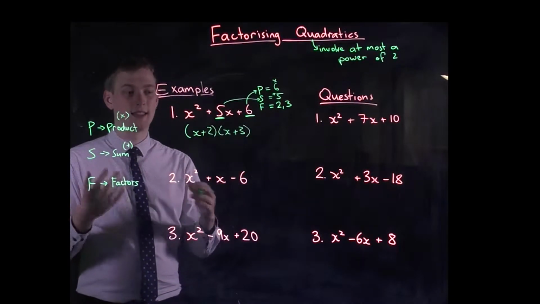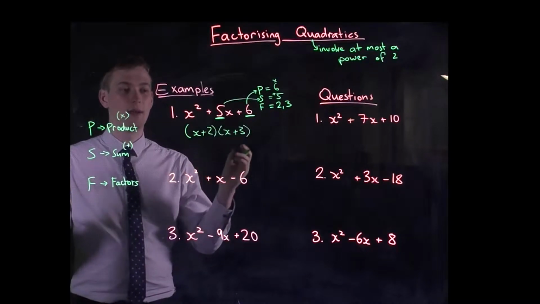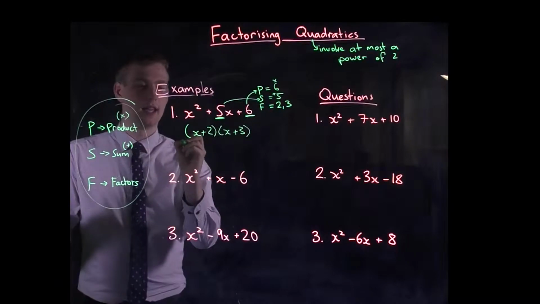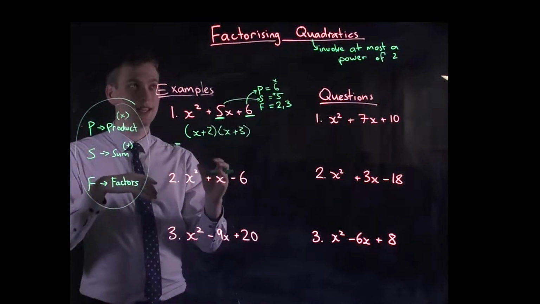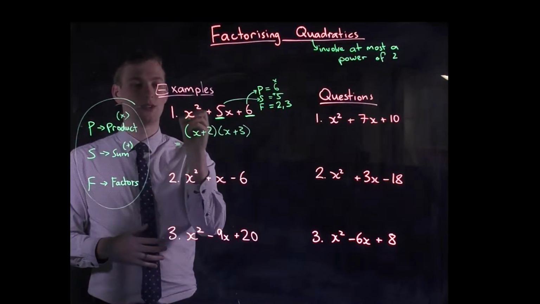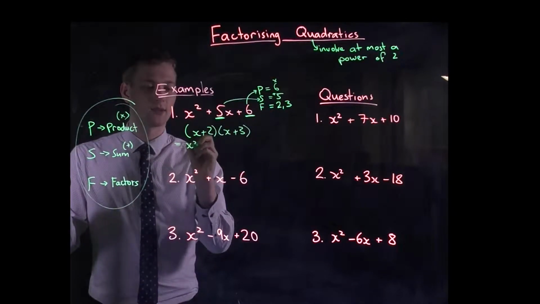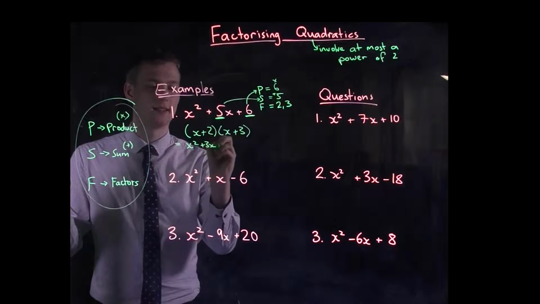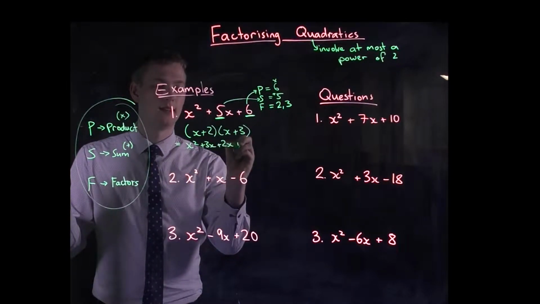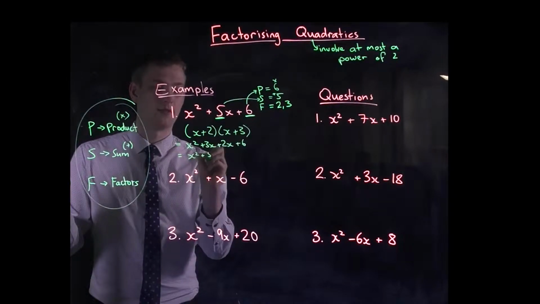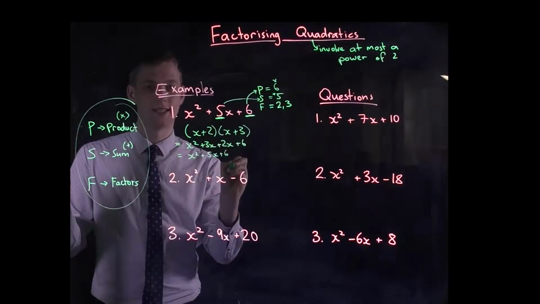Now you can leave it there, that's the finished factorization, but I'm going to show you where this method comes from. If we expand it, and we can expand to check our factorization, we should get our original equation. We're going to get x squared plus 3x plus 2x plus 6, which gives us x squared plus 5x plus 6.